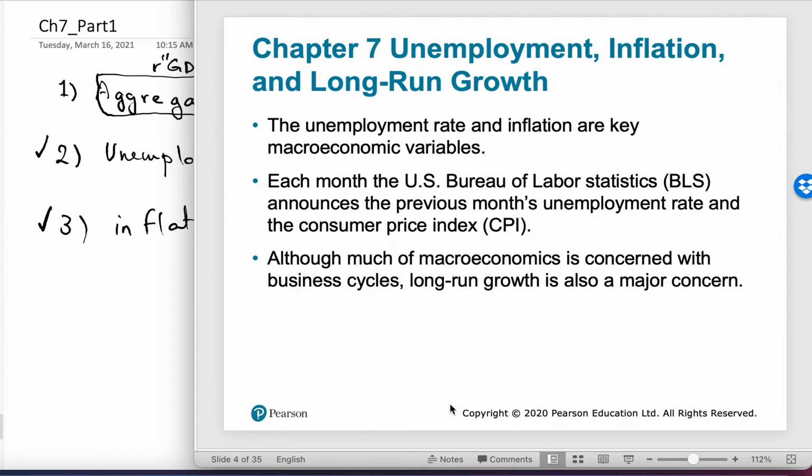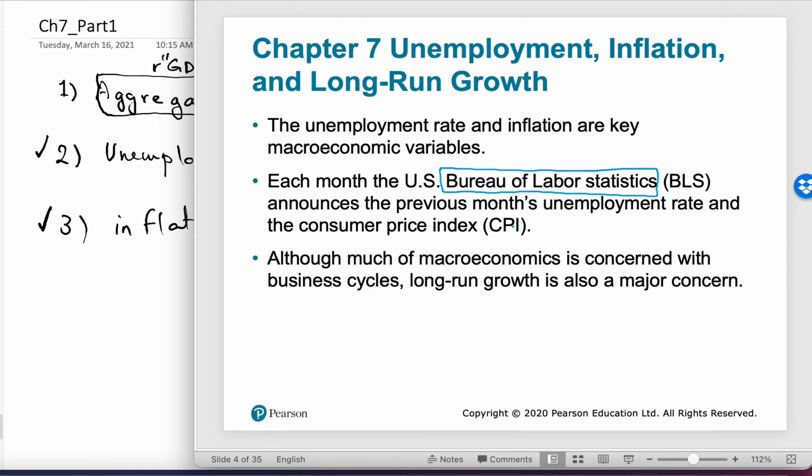So again, the unemployment rate and inflation are key macroeconomic variables. In the context of the US economy, a special institution called the Bureau of Labor Statistics, or BLS, is in charge of measuring the unemployment rate and inflation.